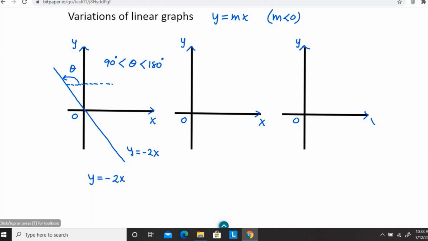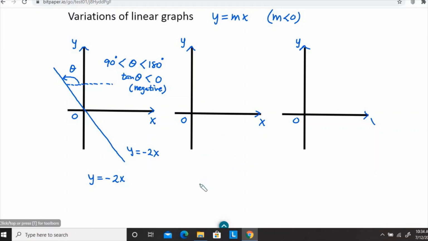In this case, if we take tangent theta when theta is in the second quadrant, you'll see that the tangent theta value is always less than 0, or it's a negative value. So that's why you have this negative sign. If there's a negative sign in front of the coefficient, then the slope looks like this.